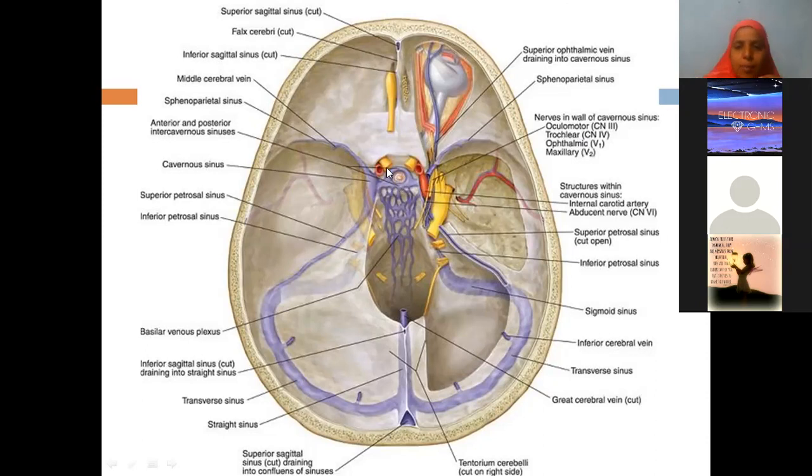The pituitary gland is also called hypophysis cerebri, isn't it? This is the hypophyseal fossa. The term used in your textbooks is, on either side of the hypophyseal fossa, we have a pair of cavernous sinuses.